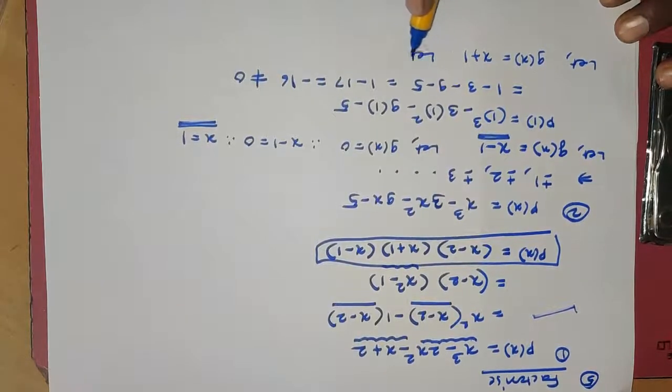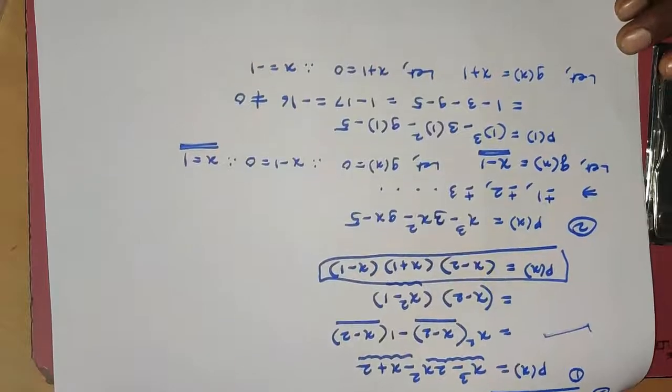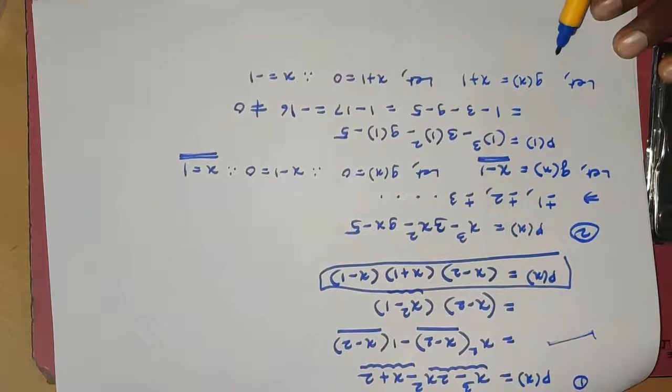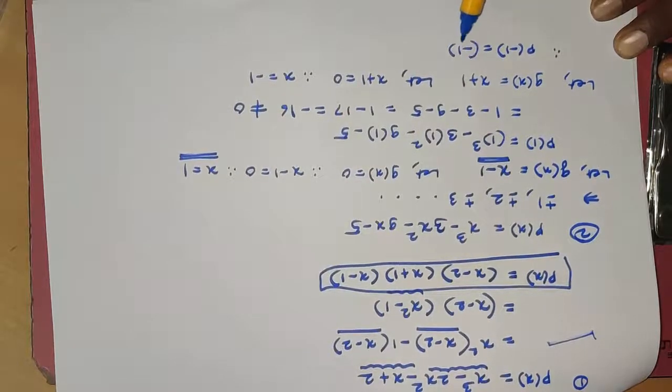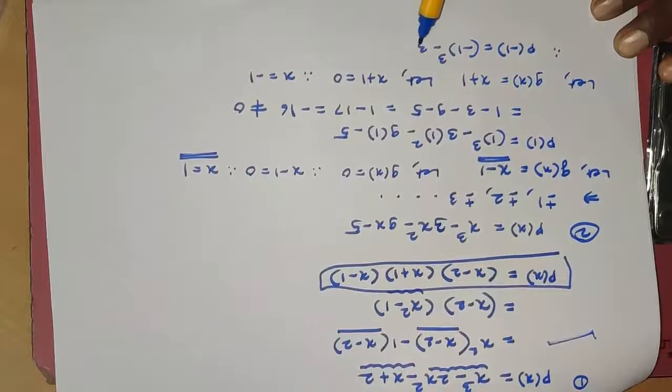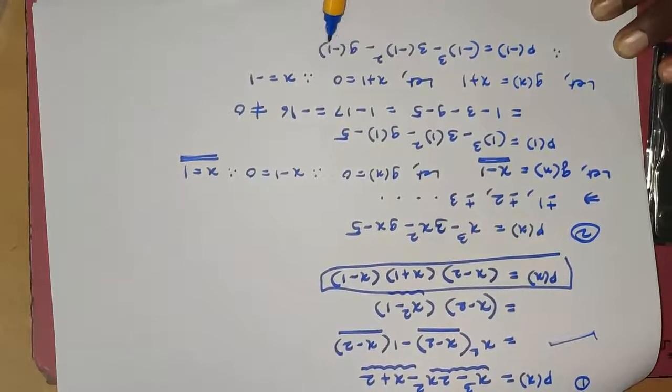So here again let x plus 1 is equal to 0, so x is equal to minus 1. So I'll try with minus 1 here. So p of minus 1 is equal to minus 1 cube minus 3 into minus 1 square minus 9 into minus 1 minus 5.